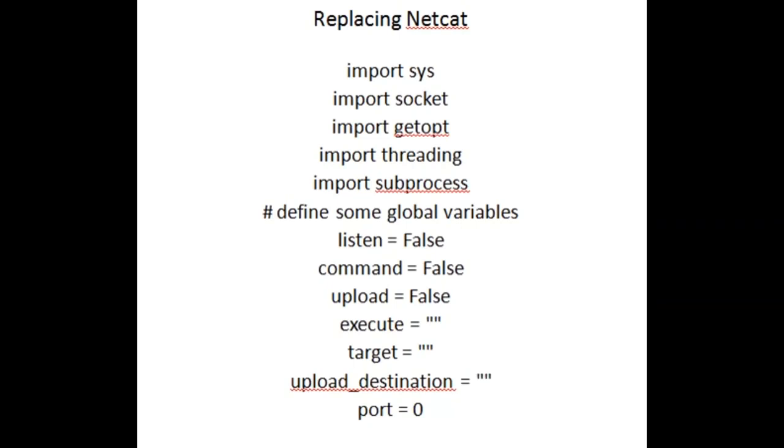Replacing Netcat. Netcat is the utility knife of networking, so it's no surprise that shrewd system administrators remove it from their systems. On more than one occasion, I have run into servers that do not have Netcat installed but do have Python.